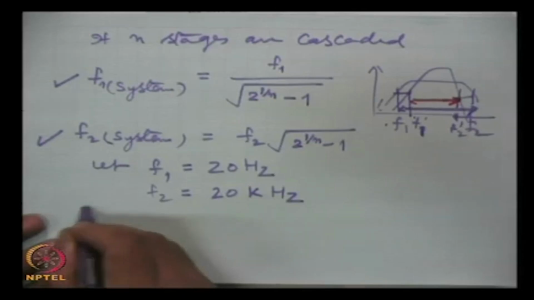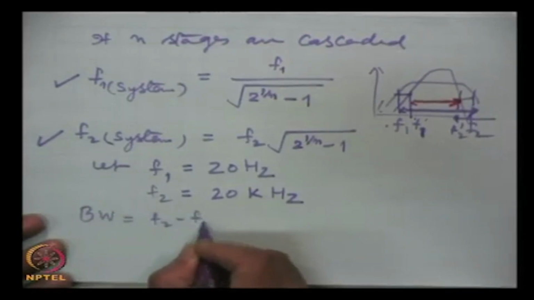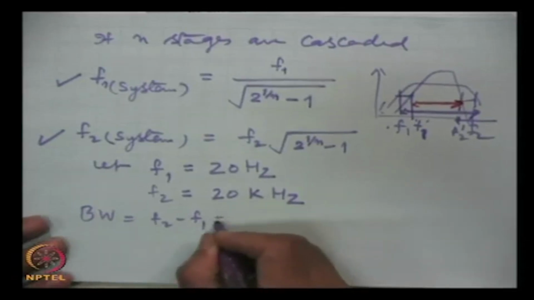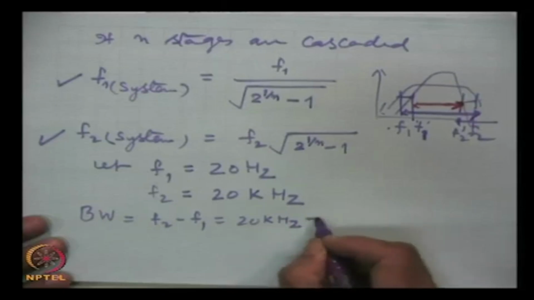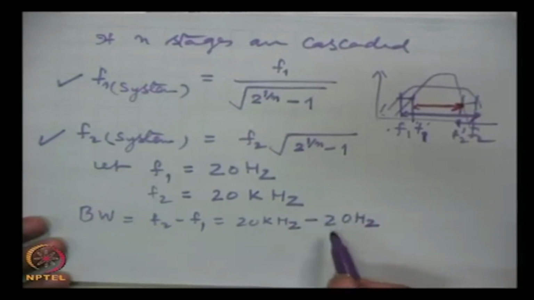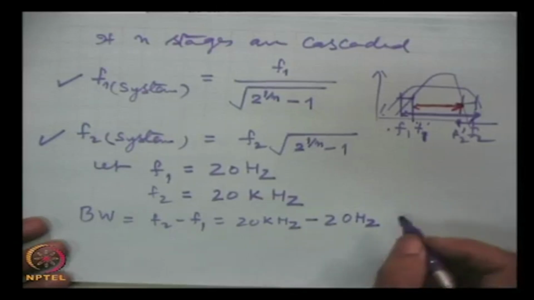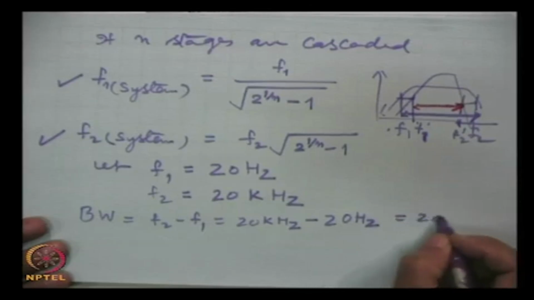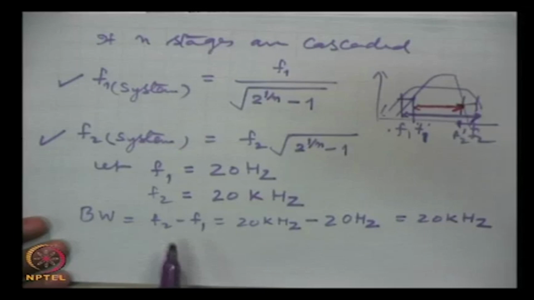The bandwidth is F2 minus F1, which is 20 kilohertz minus 20 hertz. 20 hertz is negligible in comparison to 20 kilohertz. So, this is simply 20 kilohertz. This is the bandwidth of the individual amplifier.